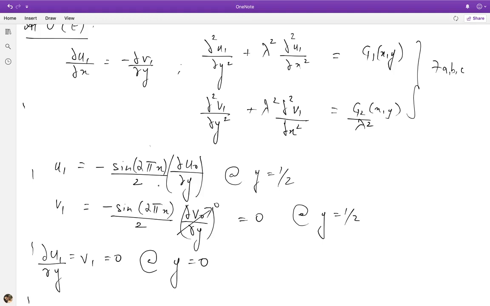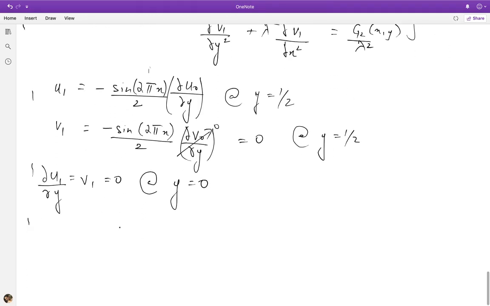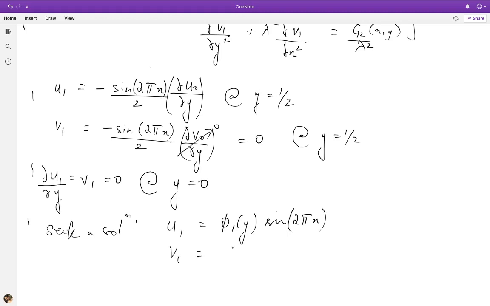So based on the boundary condition for both u1 and v1, we can seek a solution of the form u1 equal to φ1(y), which contains the y dependence, times sine 2πx. And similarly, v1 is ψ1(y) times sine 2πx, if v1 and ψ1 are purely functions of y.